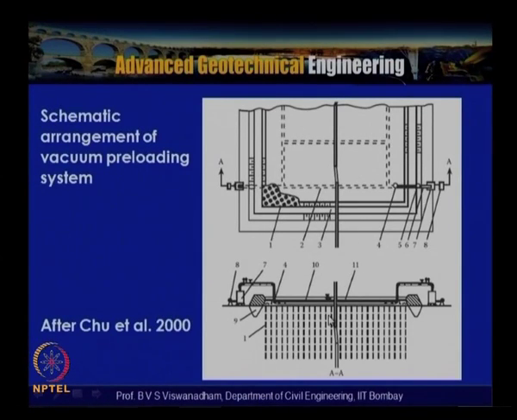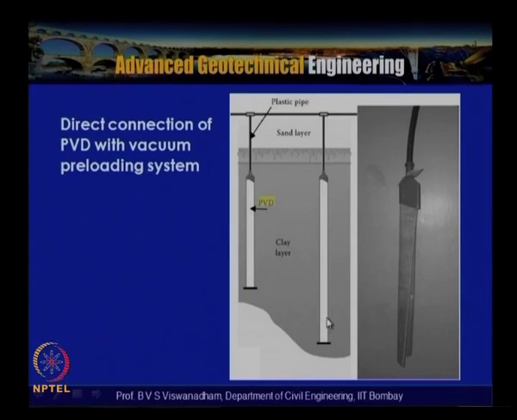Currently a lot of research is happening in connecting PVDs directly to the vacuum pumps, and with that the consolidation can be accelerated efficiently and without any preloading. This schematic sketch is shown here, where we have PVDs and different components connected to the vacuum pumps. Here you can see that the PVDs are connected directly to the vacuum pump so that the water is sucked in.